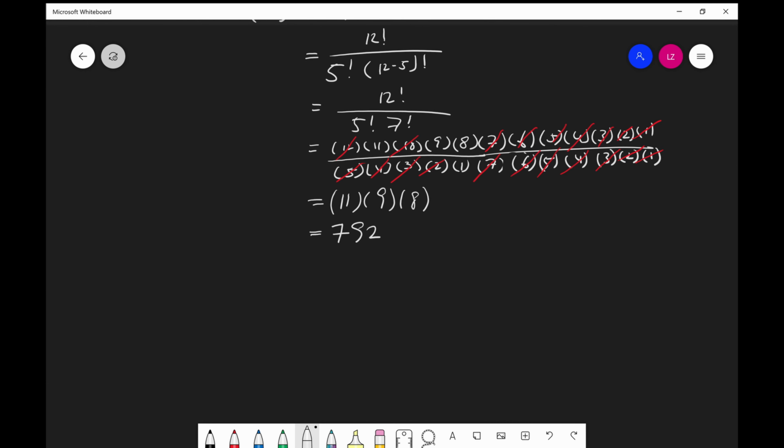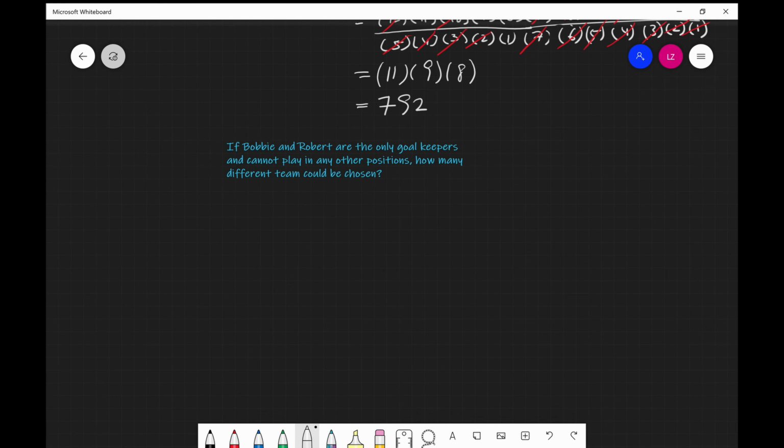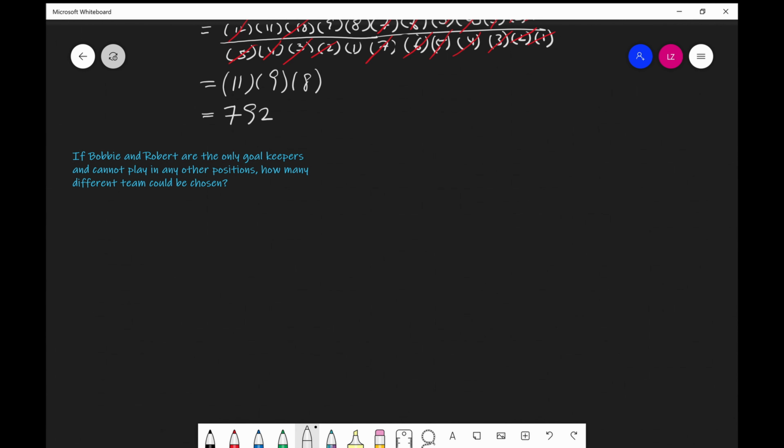Now, let's make it a little bit harder. Let's put a condition in. If Bobby and Robert are the only goalkeepers, sorry about that, are the only goalkeepers and cannot play in any other positions, how many different teams could be chosen? Now, we can just write down what we know and what we don't know. We know that Bobby and Robert are the only people that can be in goal.